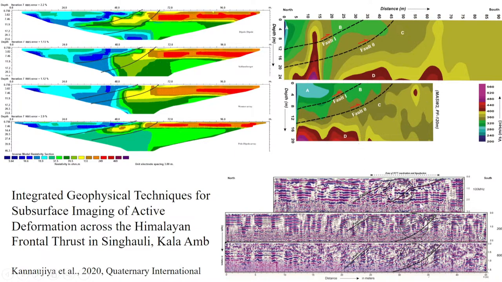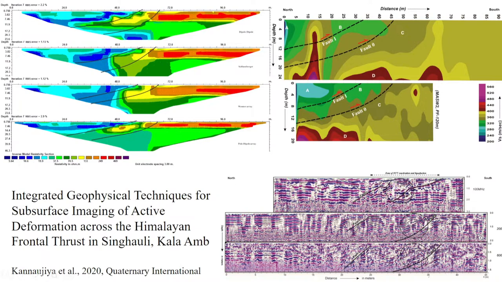And in the GPR we can clearly see that there is an offset in the reflector, as well as this bed is truncating in some of the region, and also there is a small hyperbola. This hyperbola is mainly due to the sand injection, so it becomes a dry mass.